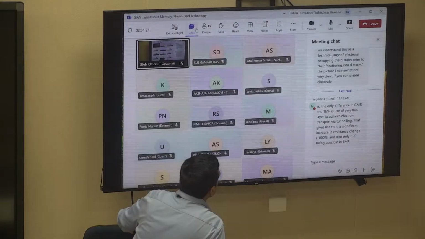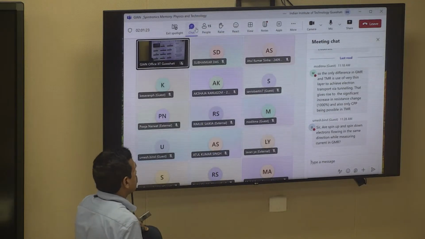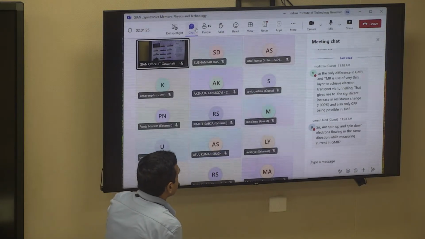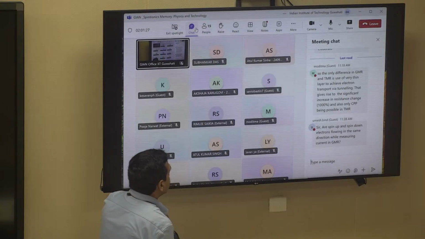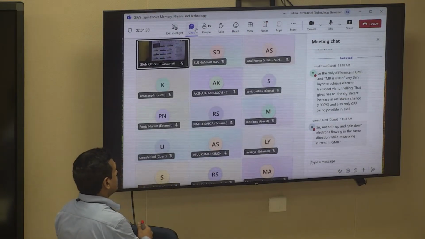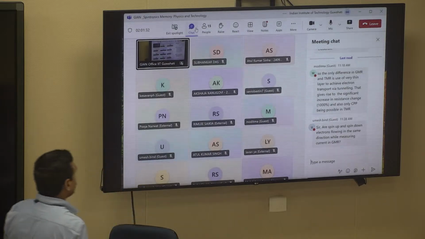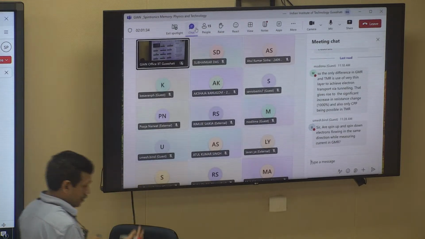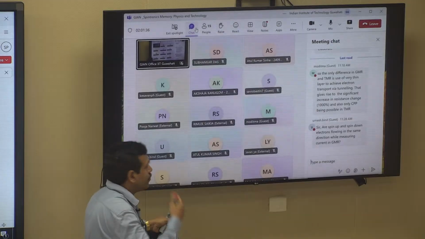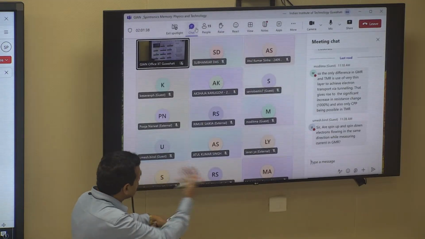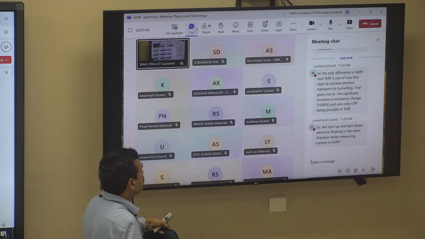Yes, mostly right. If you are talking about current in plane, you are sending current in one particular direction. Conventionally electrons flow in the opposite direction to the conventional current, right.